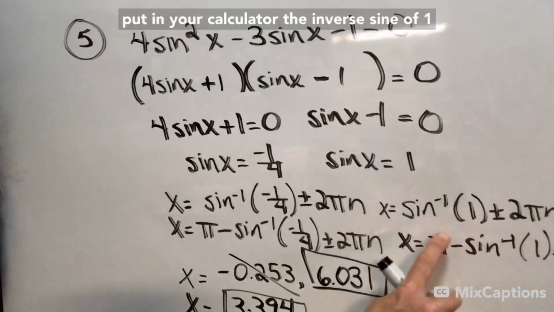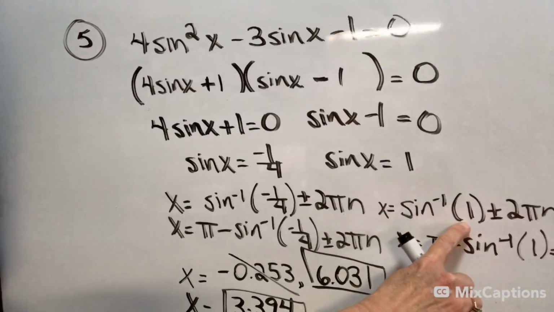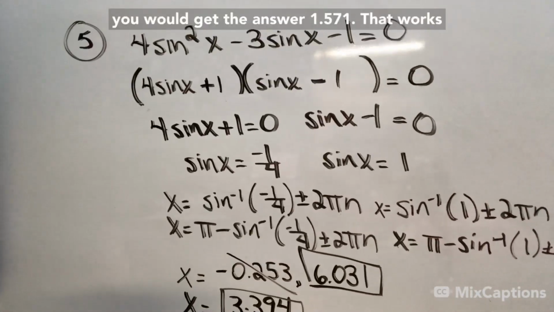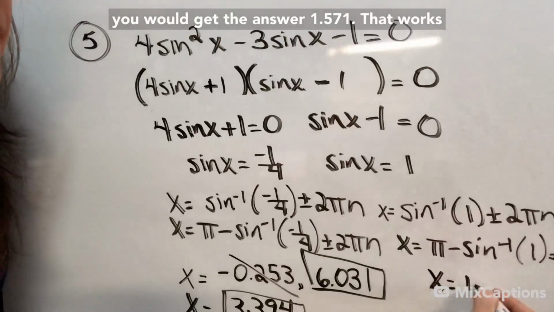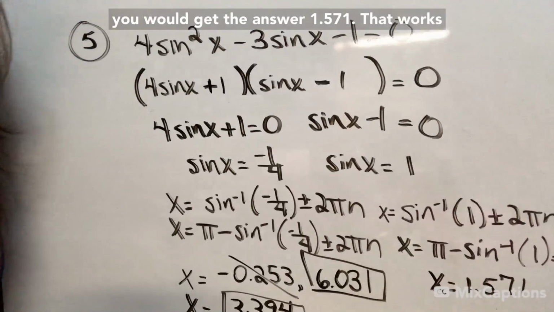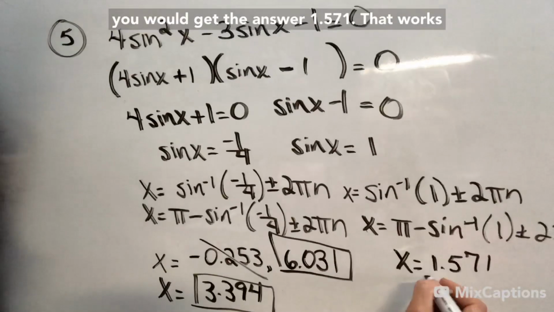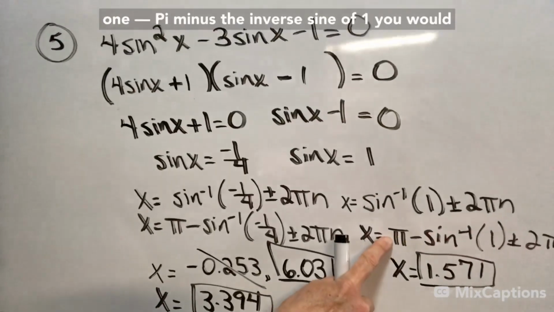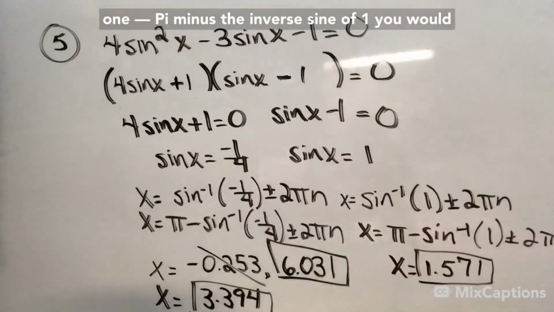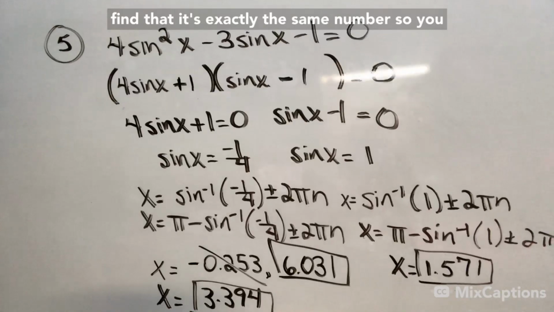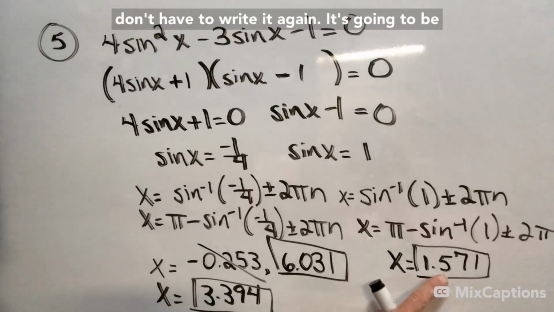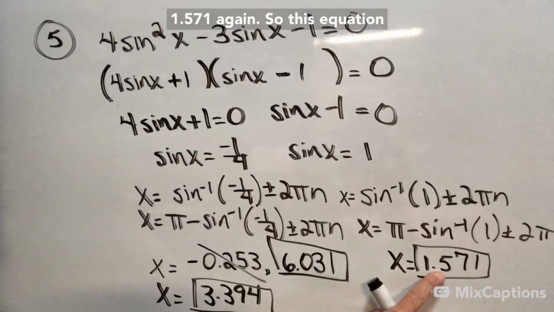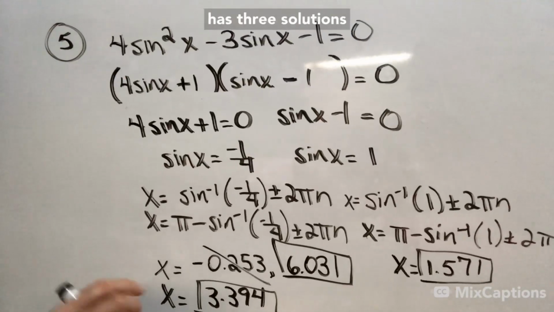If you were to put in your calculator the inverse sine of 1, you would get the answer 1.571. That works. And the interesting thing is, if you did the second one, pi minus the inverse sine of 1, you would find that it's exactly the same number. So you don't have to write it again. It's going to be 1.571 again. So this equation has 3 solutions.